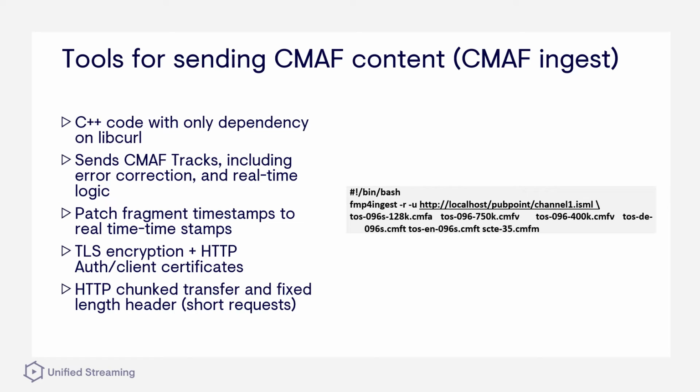The tool also includes functionality for patching the static timestamps of the assets to real-time timestamps and support for TLS encryption and HTTP authentication. And to support low latency workflows, HTTP chunked transfer is supported, but also fixed length headers, so short requests of each CMAF fragment. This is also supported. So this is for the CMAF sender. On the right side, you see an example script of running the C++ code.